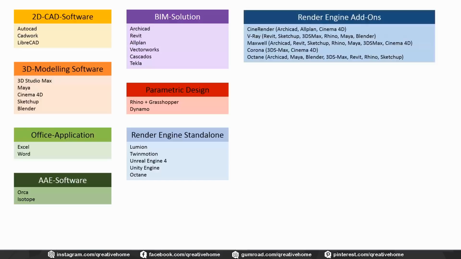There are V-Ray, Maxwell, Corona, Octane or CineRender, which I use in ArchiCAD. But V-Ray or Corona Render are probably the best ones. But this is also a matter of experience and taste.